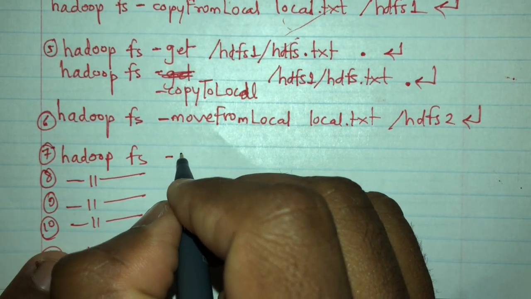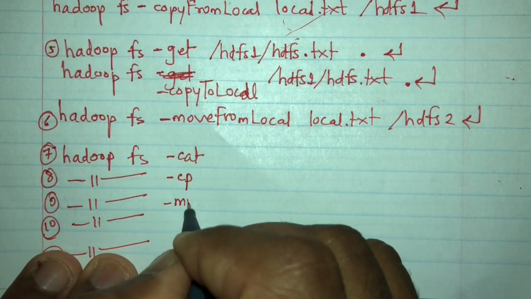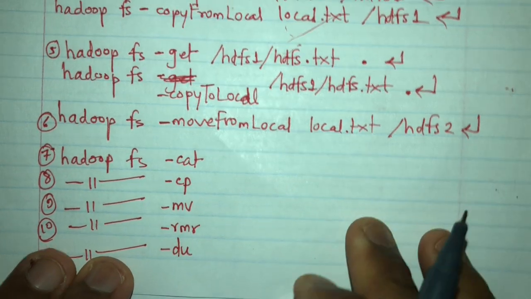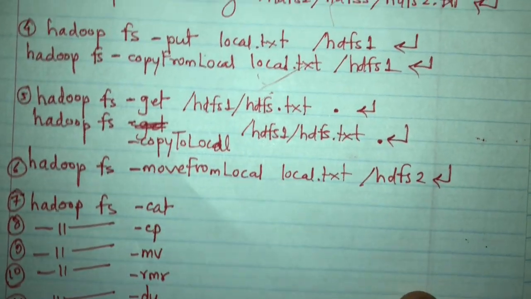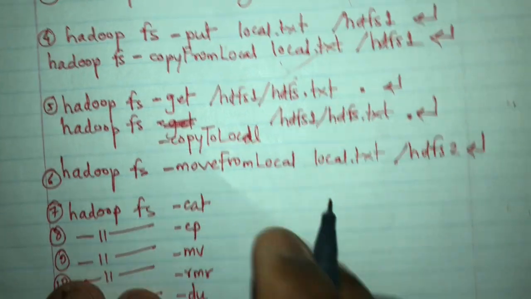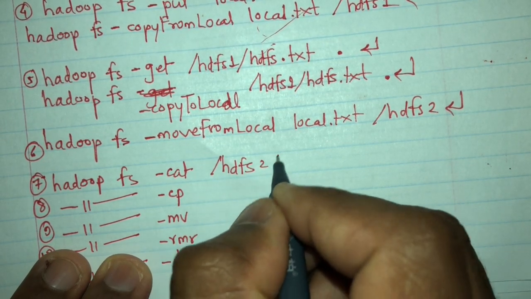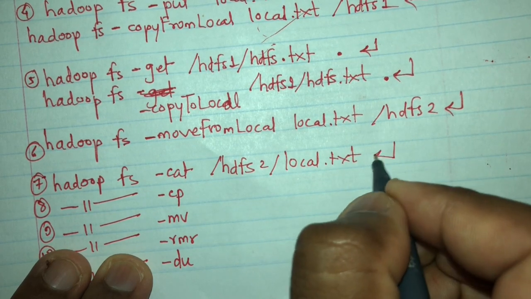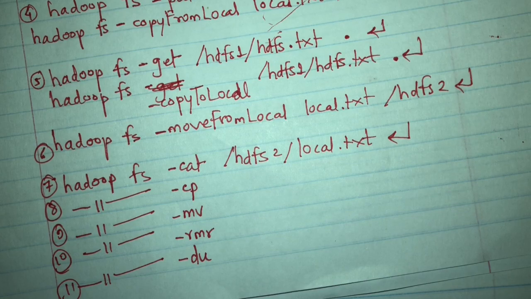So I will do cat, then I have copy, then I have move, then I have remove, and then I have du. So if I do cat, if I want to see the content of, let's say, local.txt, I will say slash hdfs2 slash local.txt. So this should print the content of the file local.txt on my console.